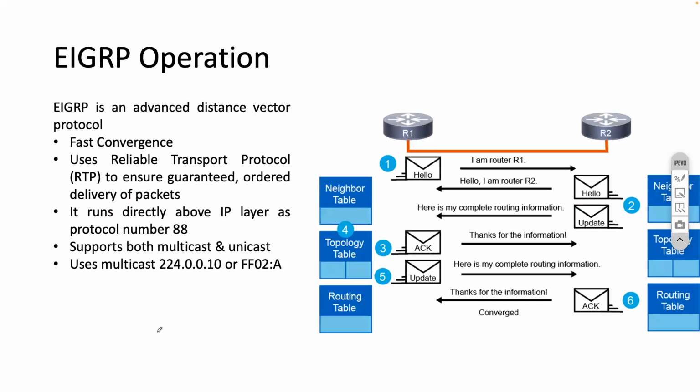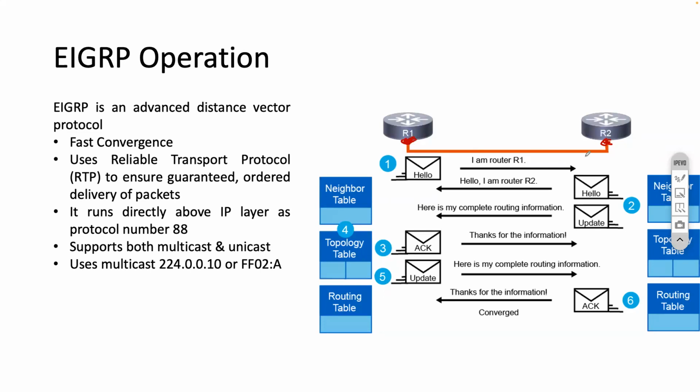So this is about how EIGRP operates. First is your R1 and R2. When we have configured EIGRP on R1 and R2, and using the network statement we have specified that I want to run EIGRP on this particular interface, what it will do is exchange a hello packet between each other.